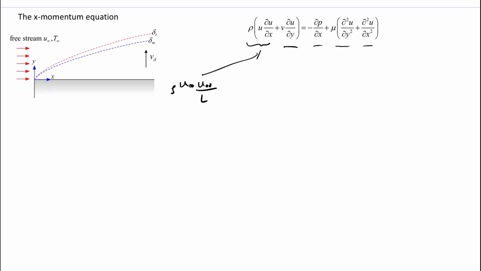U infinity, L, rho are all non-zero numbers, so it's likely that term is going to stick around. It's an important term.